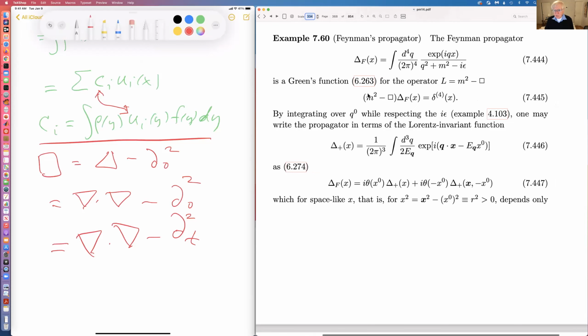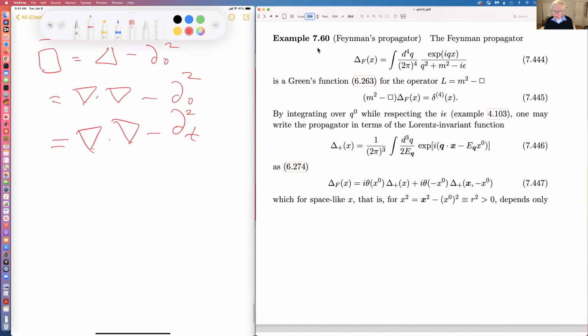So we want m squared minus box acting on Feynman's Green's function to give the four-dimensional delta function. And you can see that that works here. Maybe it's worthwhile looking at why this works.